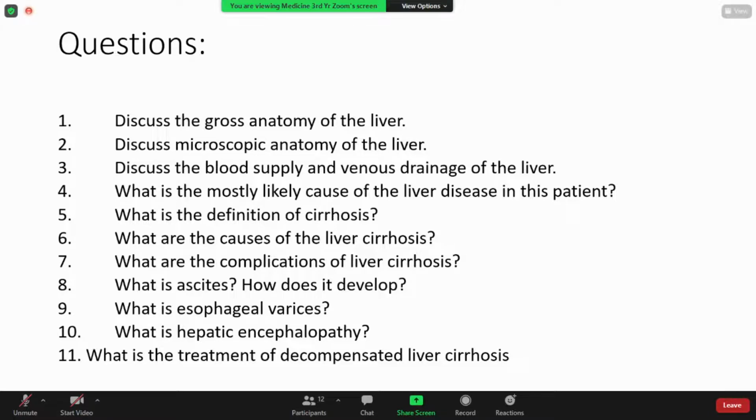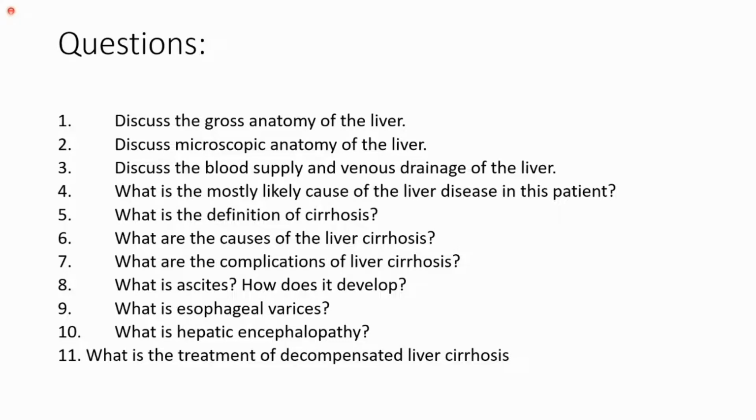When there is portal hypertension, the blood flow through these veins increases, so they dilate and become tortuous, and they rupture easily. They bleed in 50% of the cases, and 50% of those that bleed die from the first bleeding. So half of them bleed, and half of the people who bleed die from the first bleed because of the massive amount of blood lost.